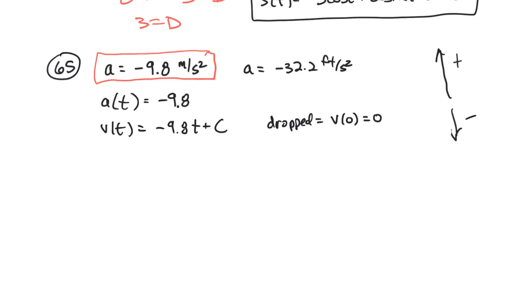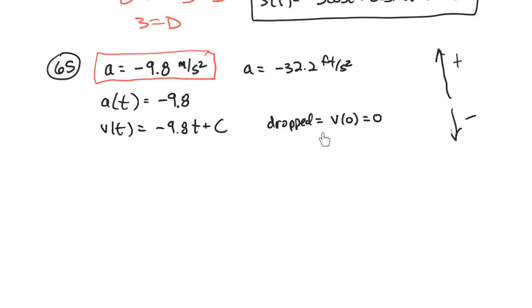If it said thrown down, that means the velocity is negative. So if it said thrown down at 5 meters per second, we'd say velocity initial equals -5. If it said thrown up, that means velocity initially is positive. If it said thrown straight up at 10 meters per second, we would say velocity initial equals positive 10.